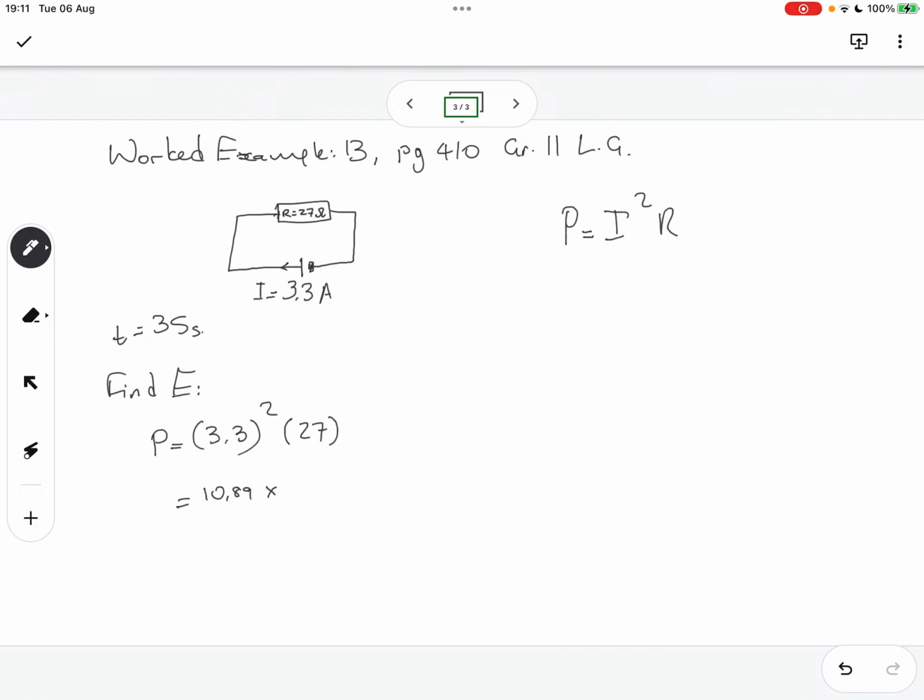Can I ask where the 27 came from? Oh, it's the rating for resistance that is given. And the 3.3 is the current that's going through the circuit and through the resistor. Those two are given. It's dissipated over 35 seconds. Is there any use for that 35 seconds?